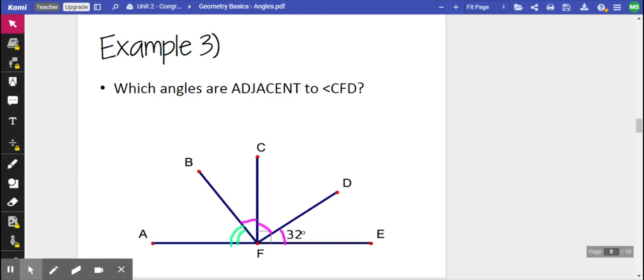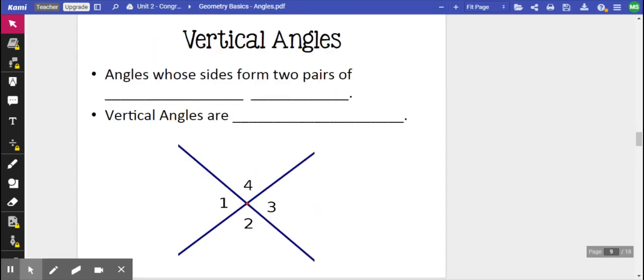Let's continue forwards with our notes. Now we have vertical angles. So angles whose sides form two pairs of adjacent angles.